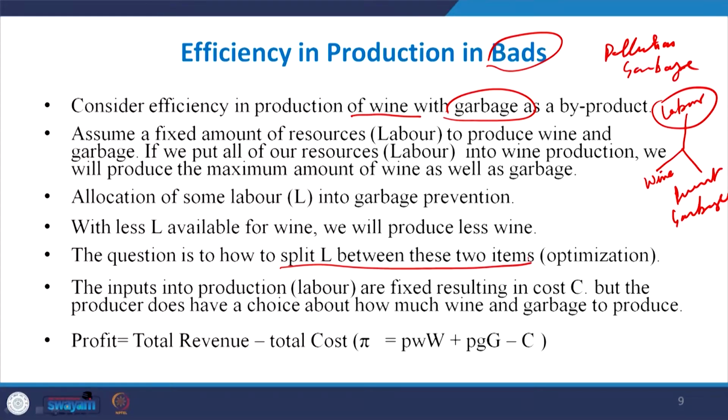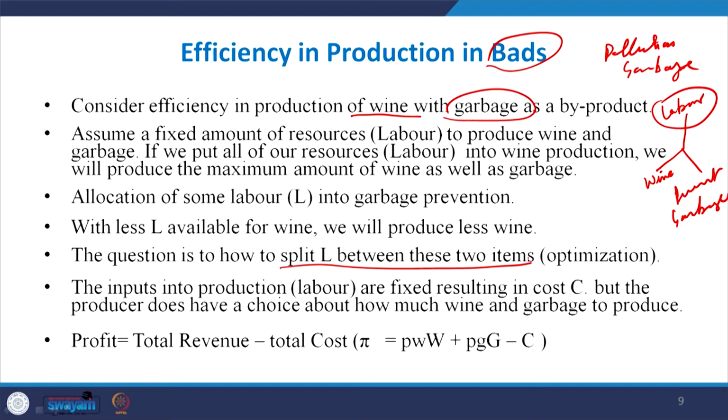So, that is the question of optimization of resources. How to allocate available resources in the production of wine and waste disposal is the basic issue for discussion.